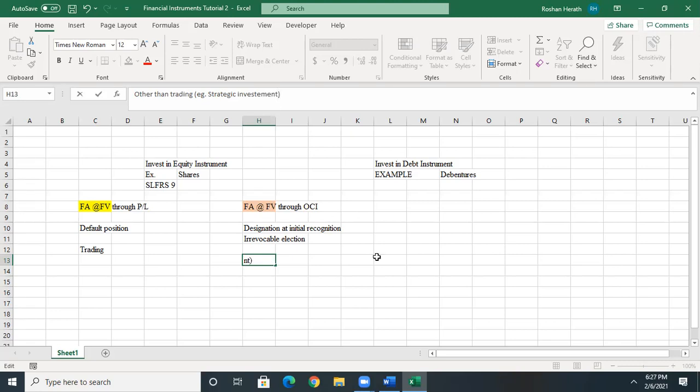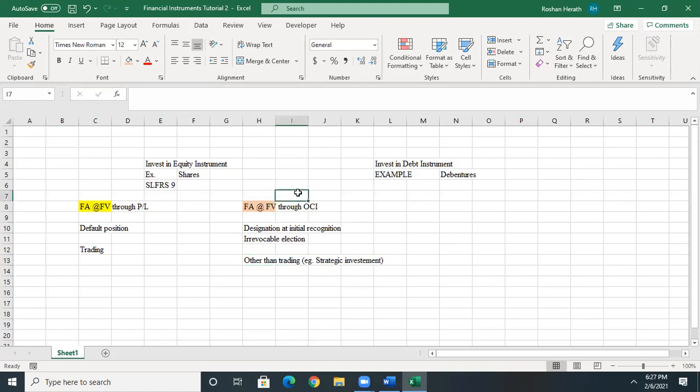In the sense, you may have it in mind that one day you want to be in control of the company that you invest in. Let's say that you have invested in the shares of ABC and the purpose of investment is that in future you want to be in control of this ABC PLC.